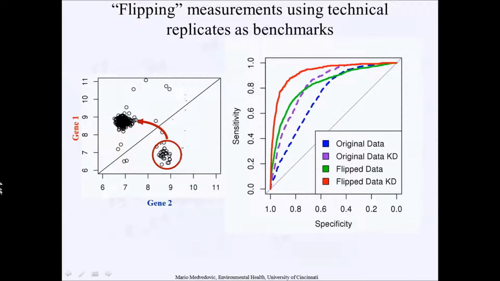Well, it turns out that even if you implement a simple flipping strategy, in which you just look at these z-scores and see whether there is a chance that this flipping event occurred, in which basically the identities of the two genes flip, and then you correct for that.